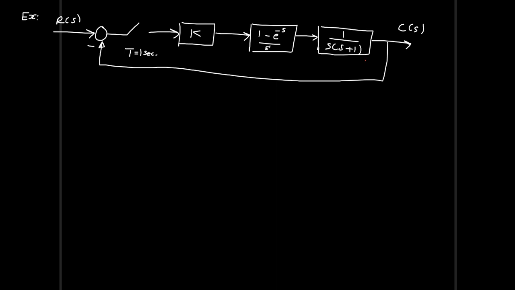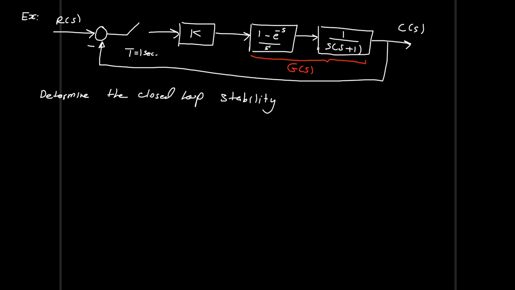Now we know that the combination of the hold circuit with the plant transfer function, we can call it G of s. Now here we need to determine the stability of the system. Let's assume K is given to be equal to 1.